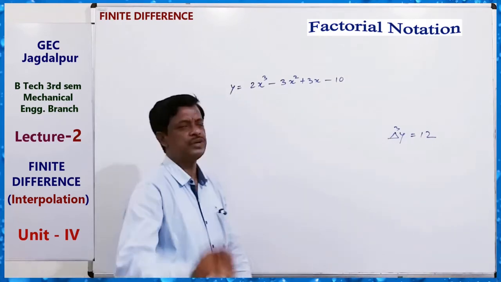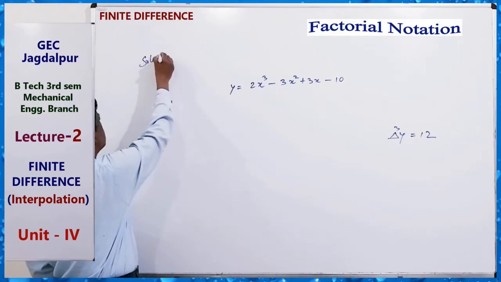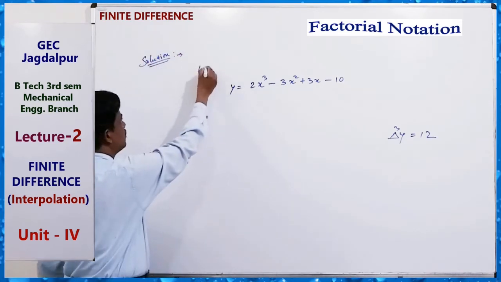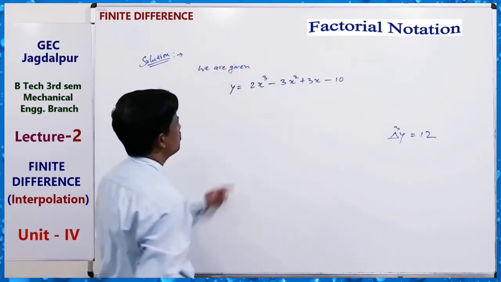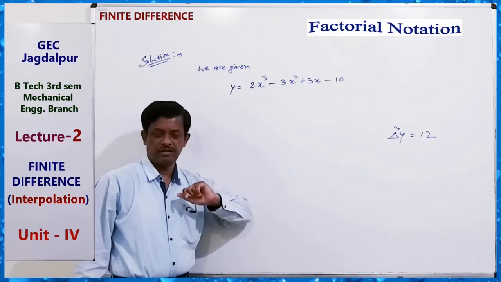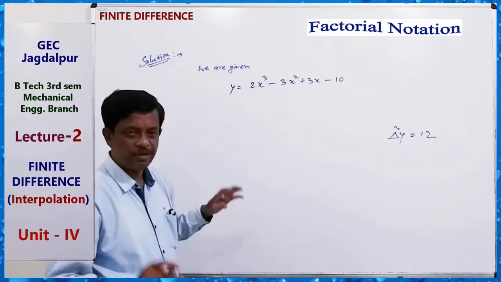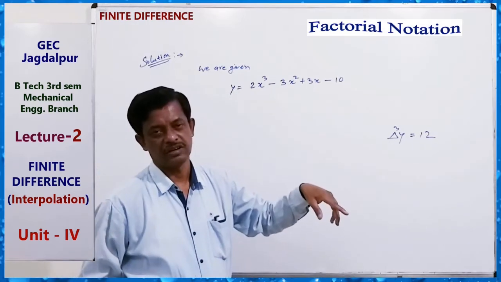Solution: we are given this simple polynomial. Every polynomial of nth degree can be expressed in factorial notation as a factorial polynomial of the same degree.